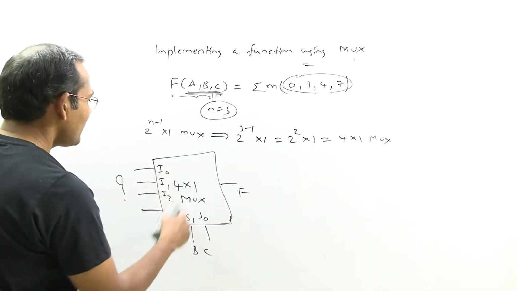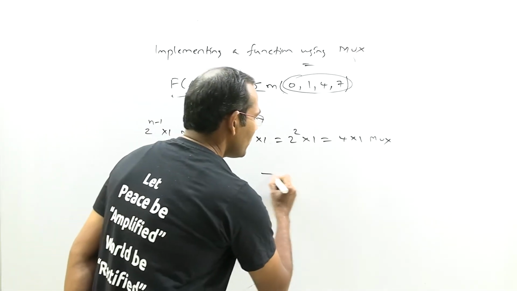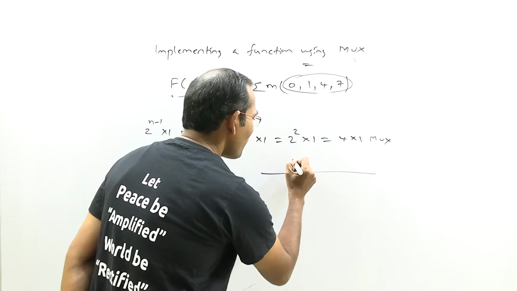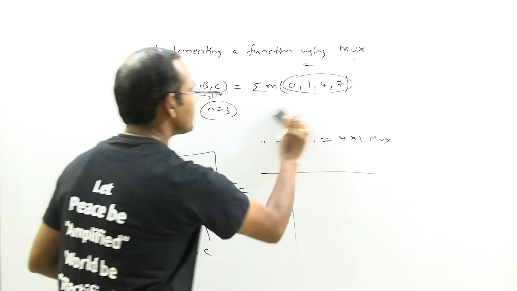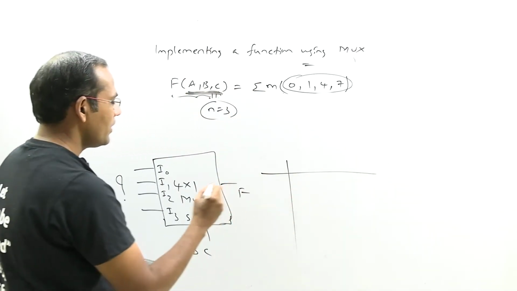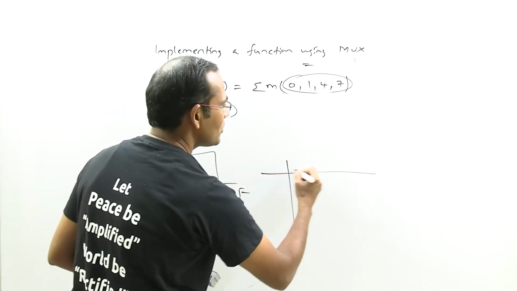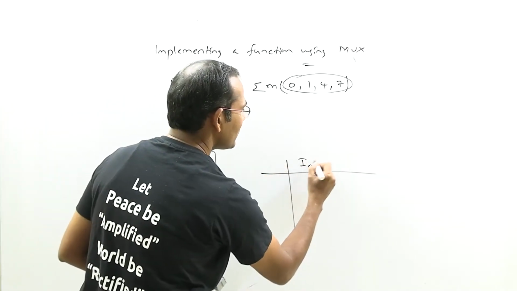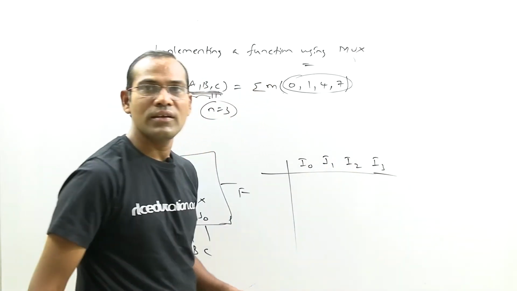To identify the input, one approach is that we have to form one table here. Here I want to identify I0 to I3. So on this side write inputs.